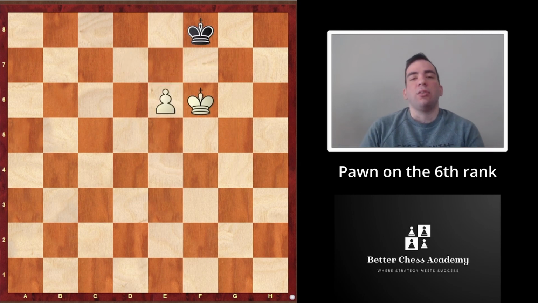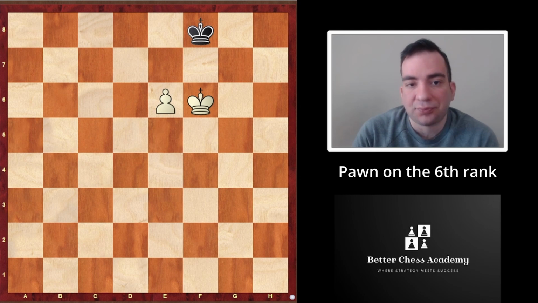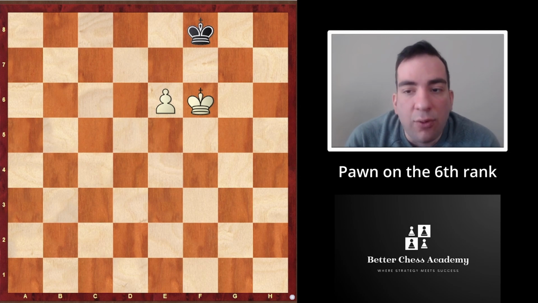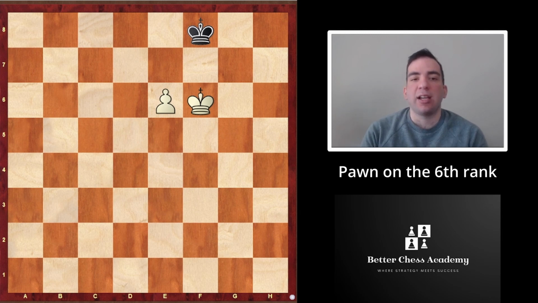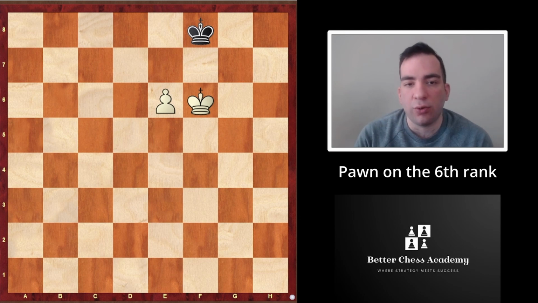So now an important position is the one when the pawn has reached the 6th rank. So what happens here? In this position, what matters is who has the move. So the player who has the opposition reaches his goal.